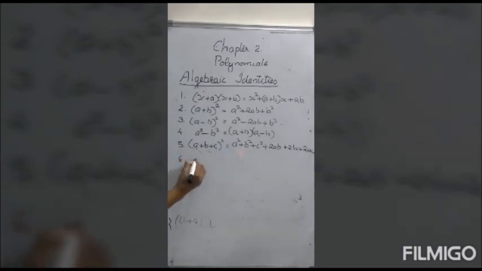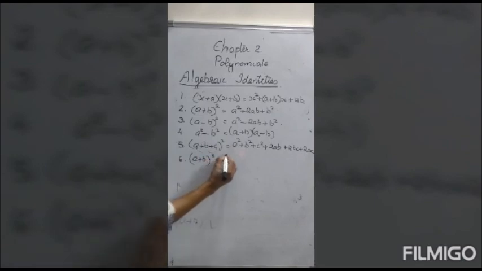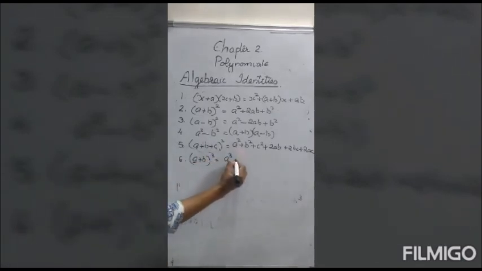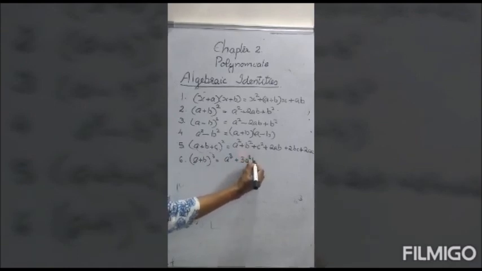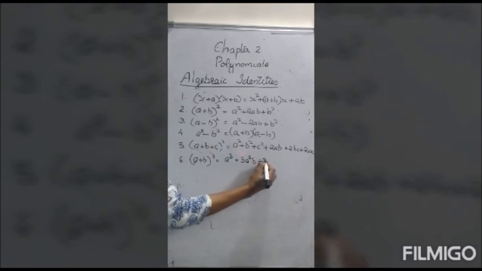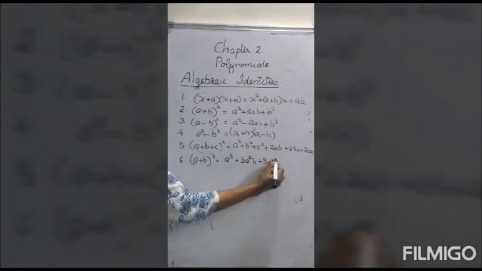Now sixth one, (a + b) whole cube equals a cube, first term a cube, plus 3a square b, a cube reduced to square, plus again 3ab square.